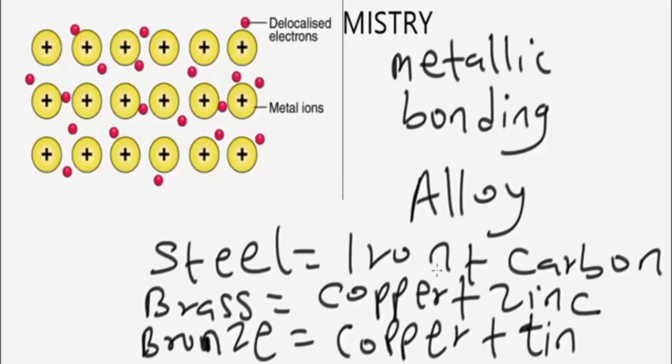This is basic information you have to know about metallic bonding. Metallic bonding involves the delocalized electrons. Very, very important, guys. If there is nothing else you learned in this video, know that metallic bonding involves the delocalized electrons, and they are responsible for the properties of metals, which include the ability to be hard in nature, to be malleable, to conduct heat and electricity, and the rest of them.